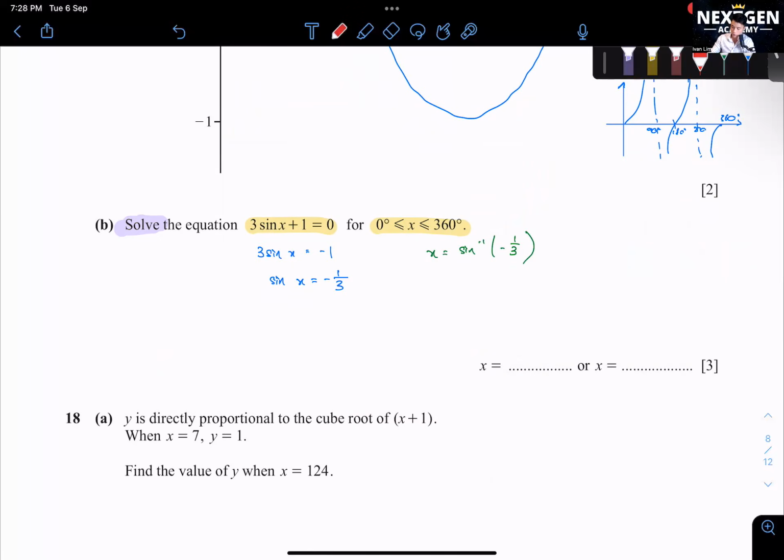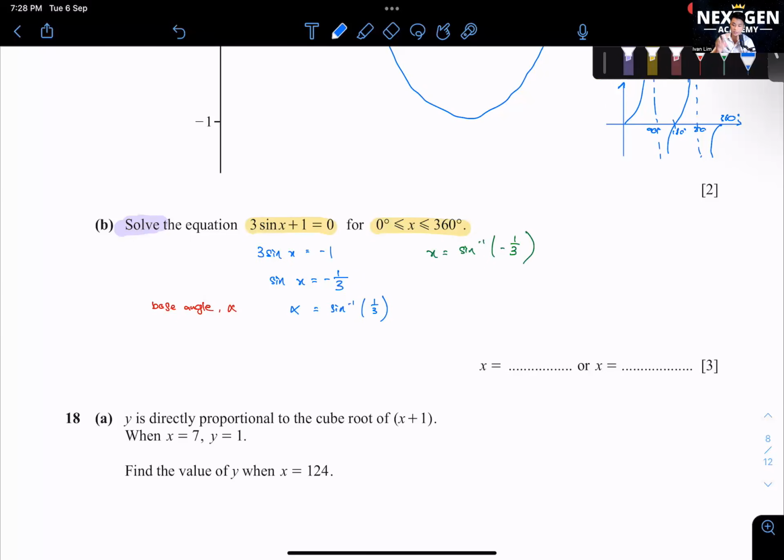The first step is you find what is your base angle, alpha. You don't care about the symbol first. We only put it like this: shift sine inverse 1/3.